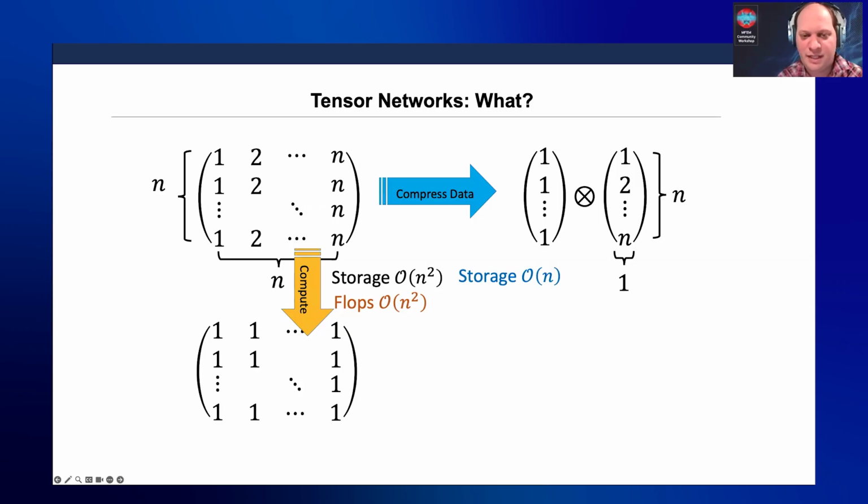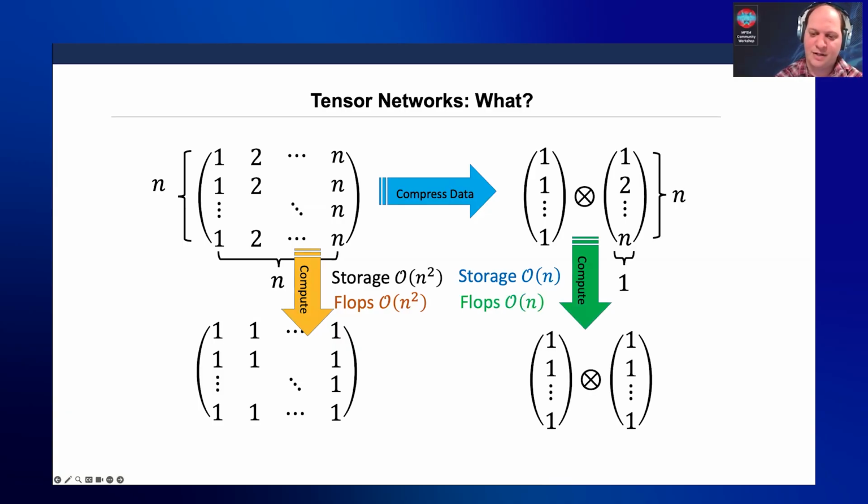If you realize that you can store this as an outer product of two vectors, a constant vector and a spatially varying vector, it represents the same thing. In this storage form, it's linear storage, so order n. To compute the derivative, you only need to work with one of the vectors, so the flops are linear as well.